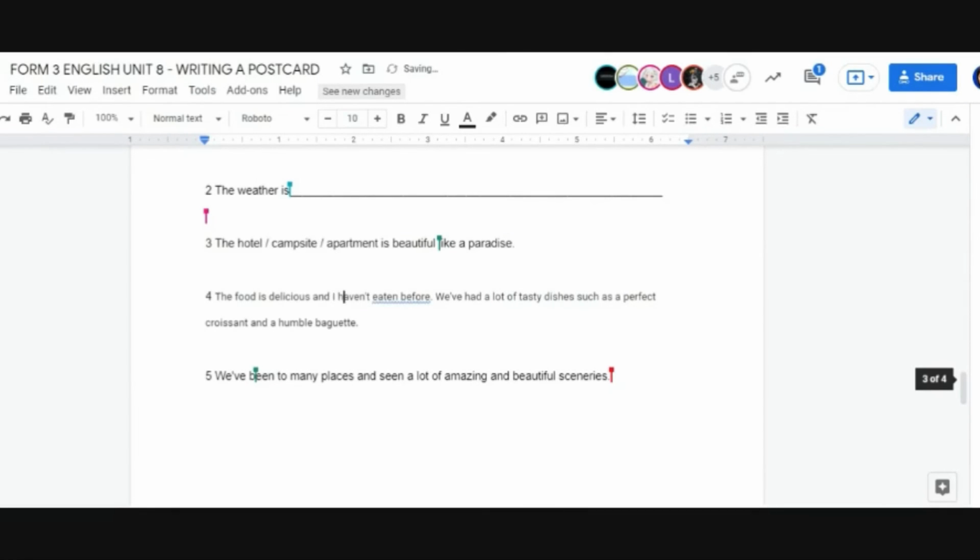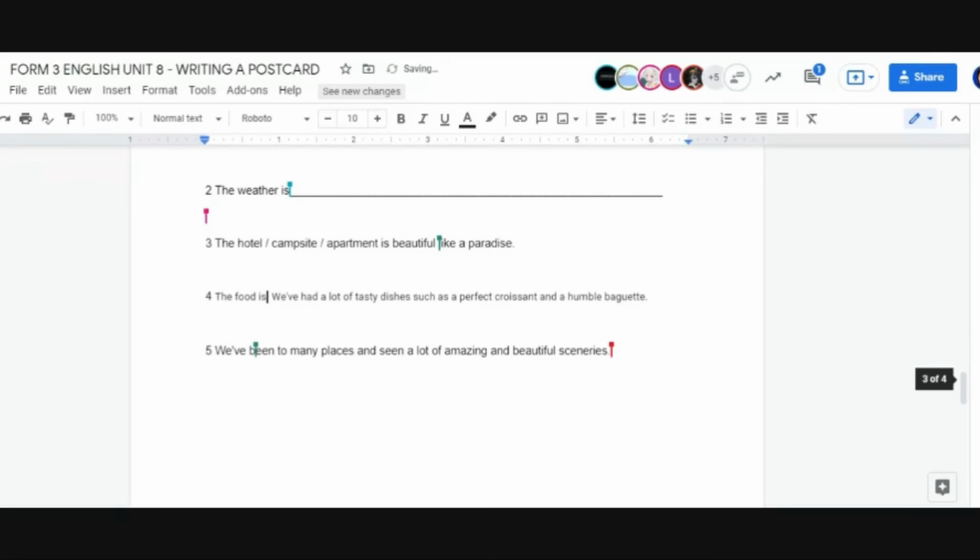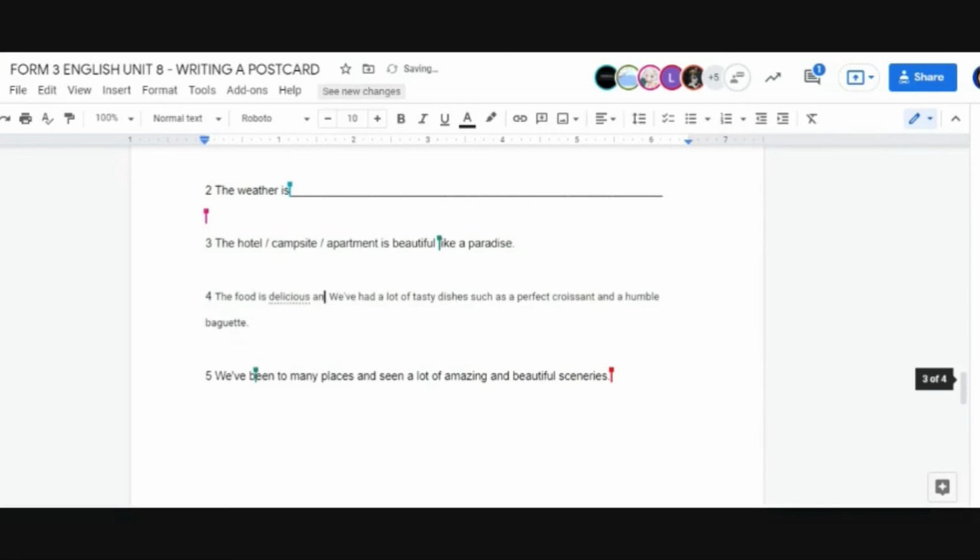Instead of haven't eaten before, I will change it to: the food is delicious and we have tried many new food there. We had a lot of tasty dishes such as a perfect croissant and a humble baguette.